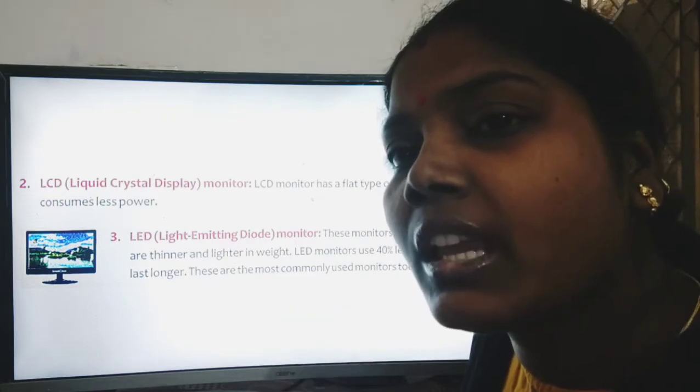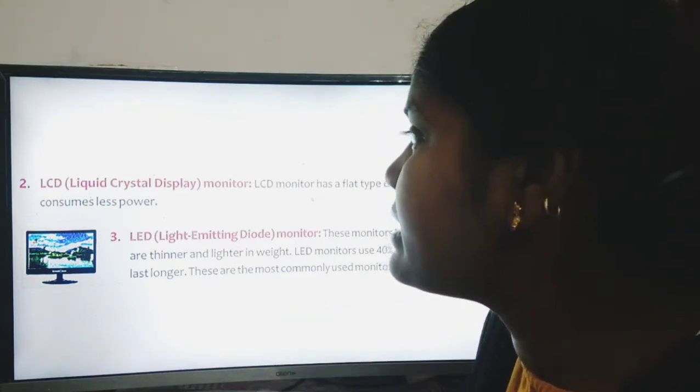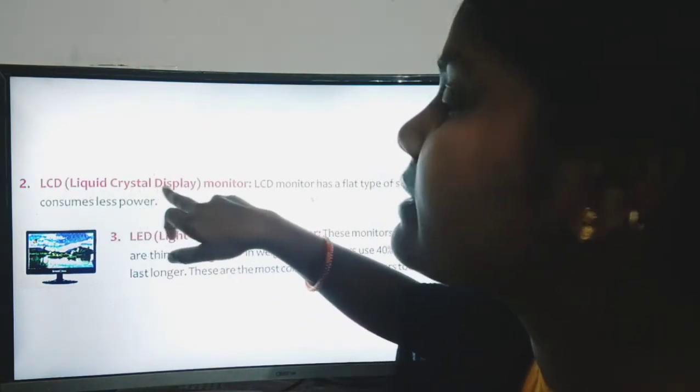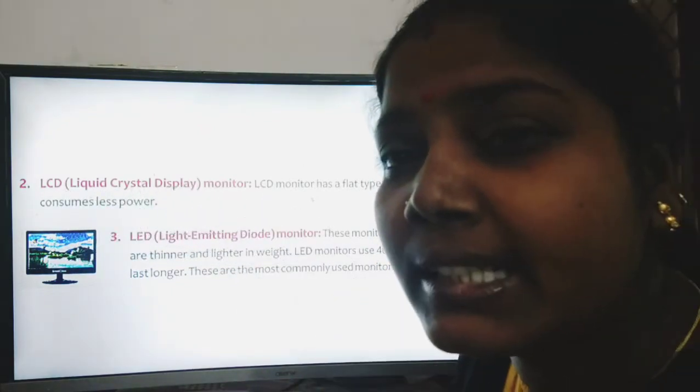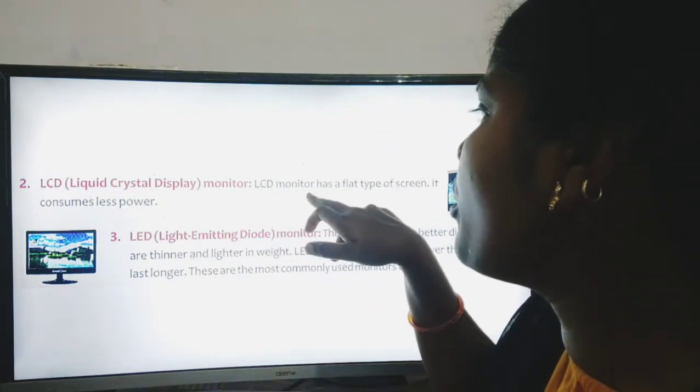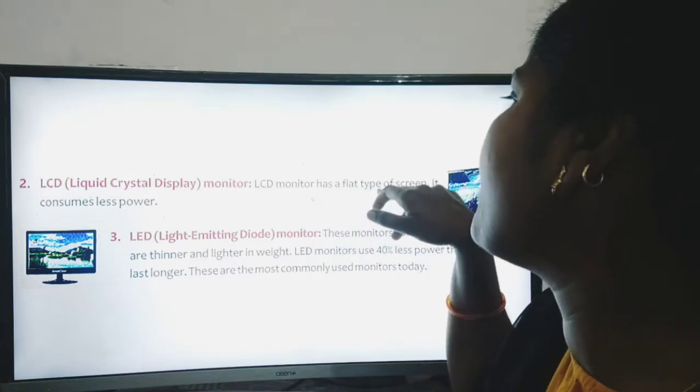LCD full form is liquid crystal display monitor. An LCD monitor has a flat type of screen.